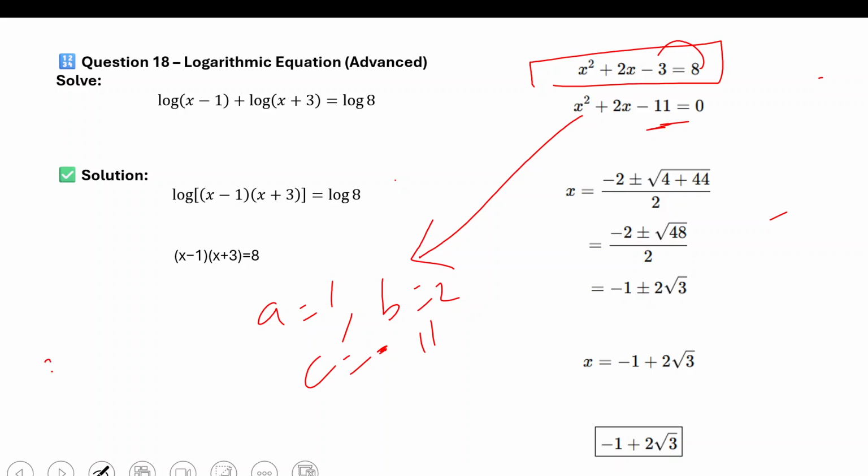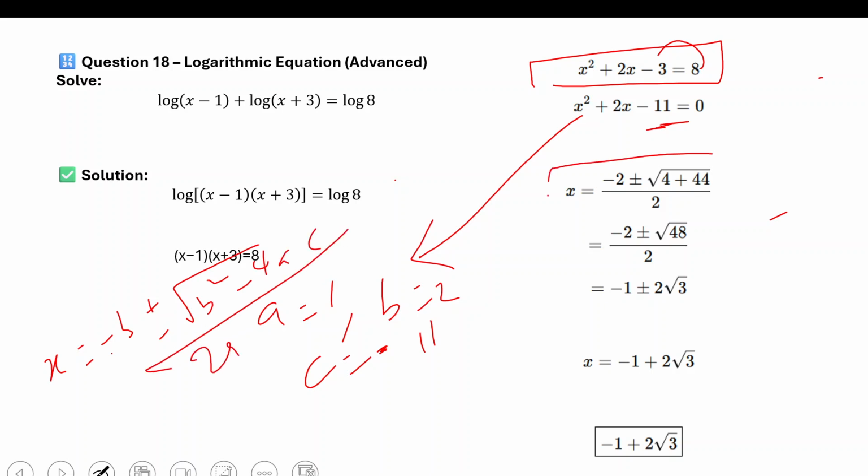The formula says x is equal to minus b plus or minus the square root of b squared minus 4ac, all over 2a. That's what happened here. So you need to know your formula method. And the final answer is positive. There are two roots, but it's the positive one that will be the answer.